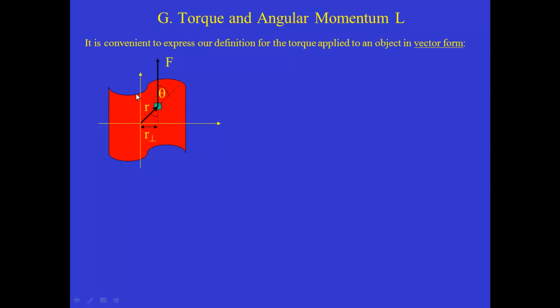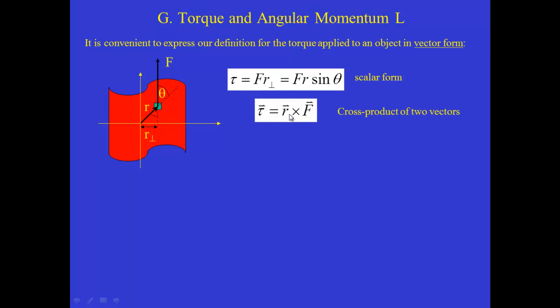So once again, we're looking at an object of arbitrary shape that can rotate around an axis going through the origin. And we're going to look at one piece of the object, shown here as a square. If we use our definition of torque as force times the perpendicular distance away from the axis, we have this familiar equation, and that's in the form of a scalar.